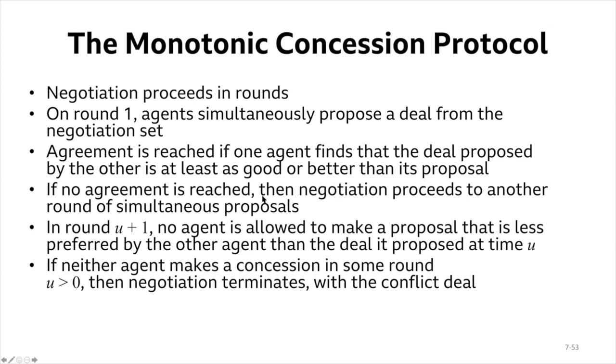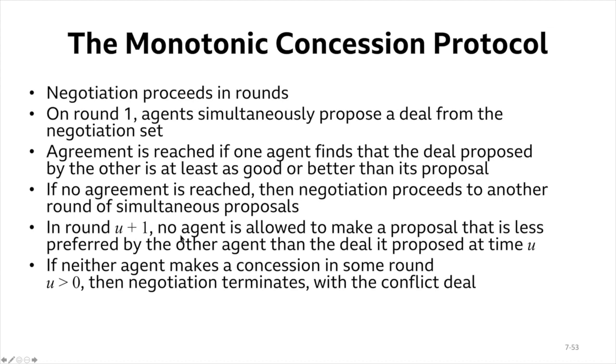If no agreement is reached, then negotiation proceeds to another round of simultaneous proposals, where we see if one of the agents has made a proposal which is at least as good or better than the proposal of the other. And the way that we do that, remember, is by looking at the utilities of the deals that are being proposed.